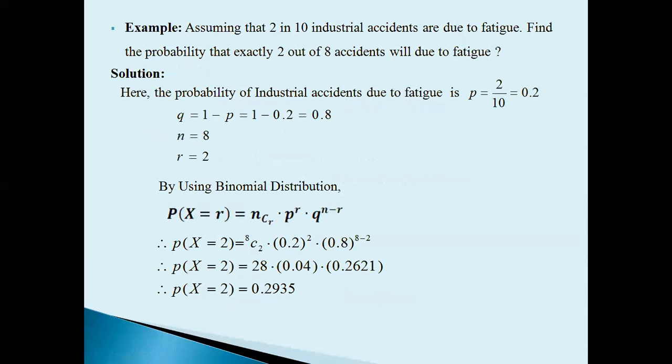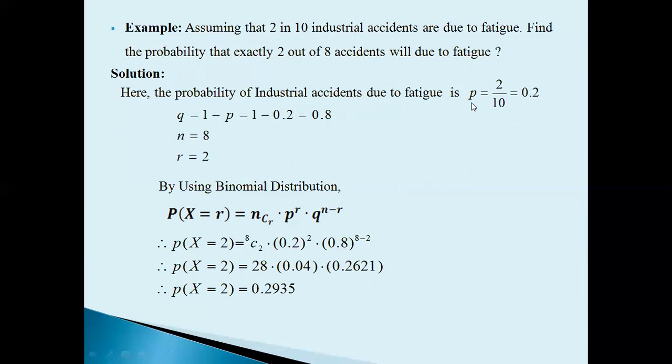Let's consider the first example. Assuming that 2 in 10 industrial accidents are due to fatigue, find the probability that exactly 2 out of 8 accidents will be due to fatigue. The solution: here the probability of industrial accidents due to fatigue is 2 in 10, that means 2 upon 10, which is equal to 0.2.